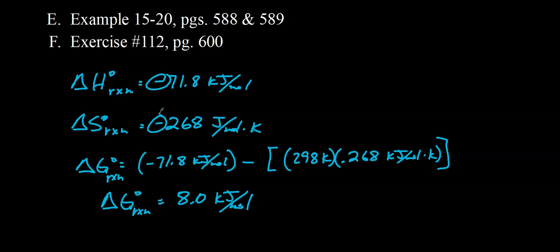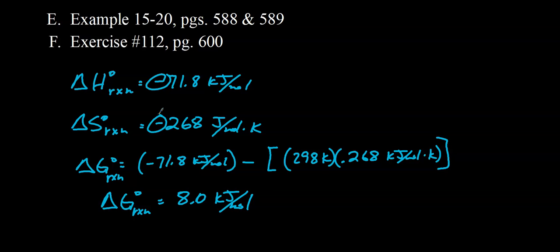Again, most exothermic reactions are spontaneous, but we can't just look at the delta H or enthalpy factor. We must also consider the entropy factor. So in this case, it looks like entropy wins out because this reaction is non-spontaneous. So a little different answer than what you got in 111, maybe rounding or just some other values that caused it to be just off from what you got in 111, which is okay.